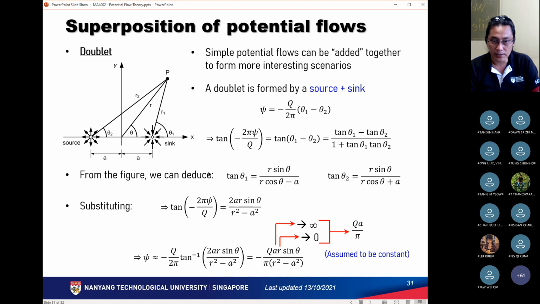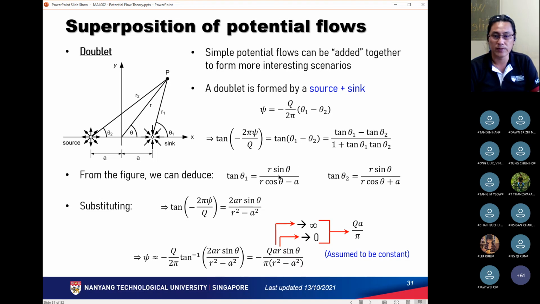Let's go back to the figure here. What's tangent theta 1? Where's theta 1? This is theta 1. If you want to take tangent theta 1, it's the opposite, that means the vertical length here, divided by the horizontal length here. Opposite divided by adjacent, right? Now what's the length of the opposite? It's R sine theta, so you resolve it vertically.